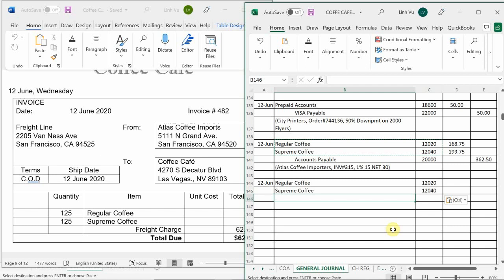Now, how did I pay for this delivery? Checking, because in this case my terms are cash on delivery.